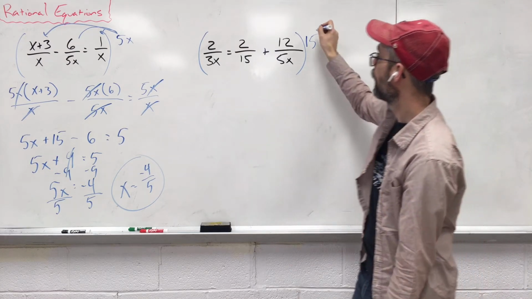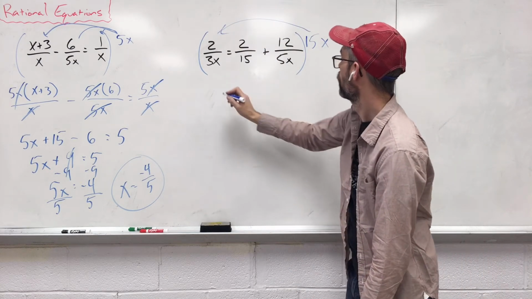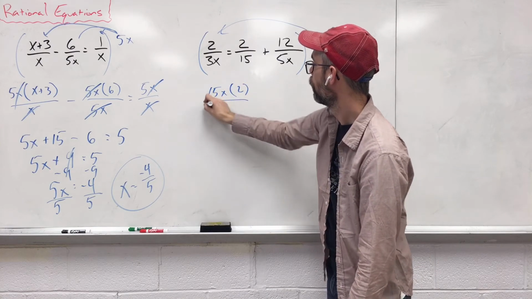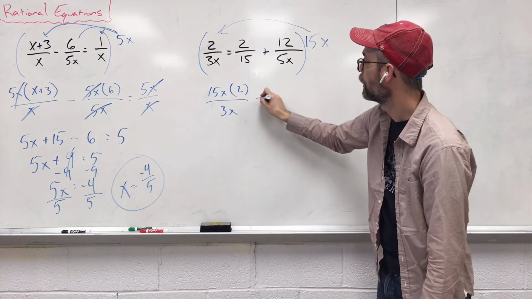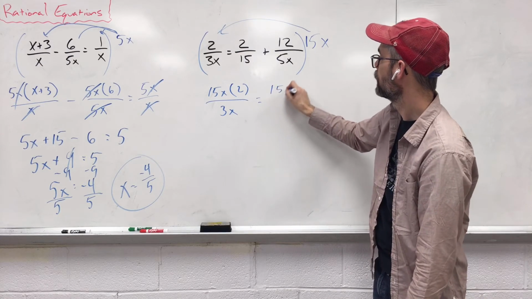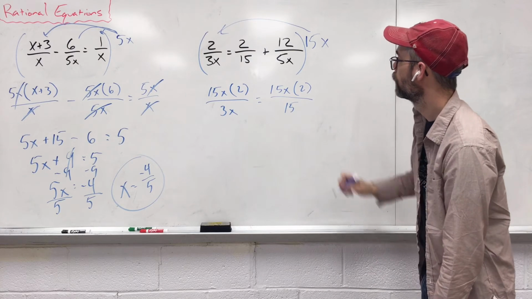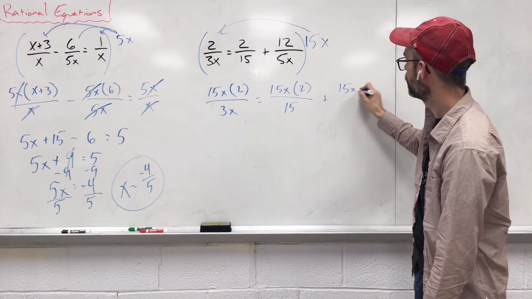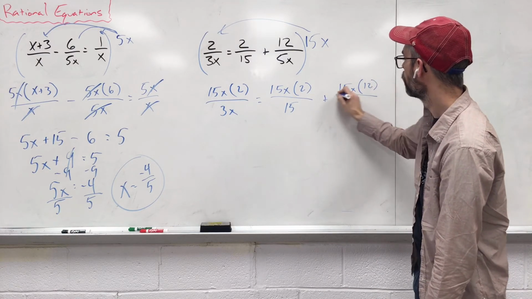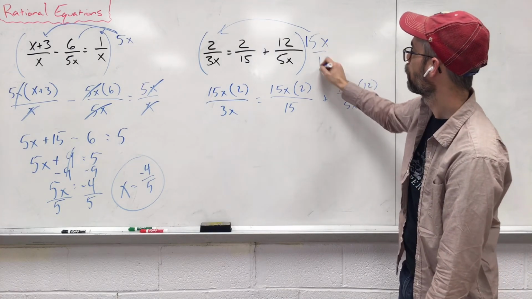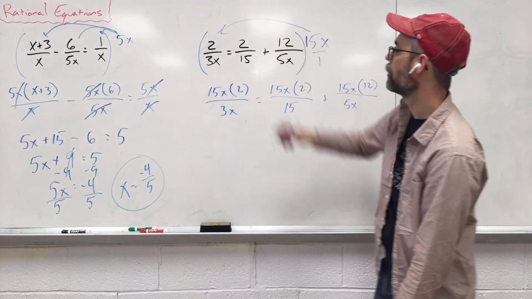So let's now distribute. We're going to have 15x times 2 all over 3x equals 15x times 2 over 15 plus 15x times 12 over 5x. So we're multiplying just these top numbers.